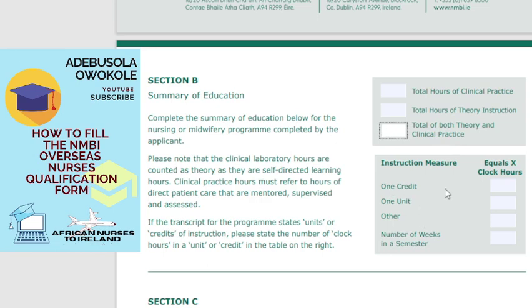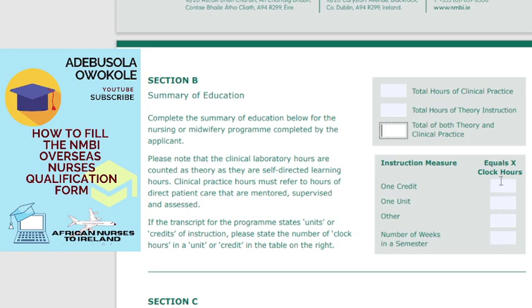Then at the same time, some institutions use credits and units. If you did general nursing or general midwifery, most of them don't use the credit options or the unit options. Most schools in Europe use credits and units. That's why they really want that aspect to be specified as well.